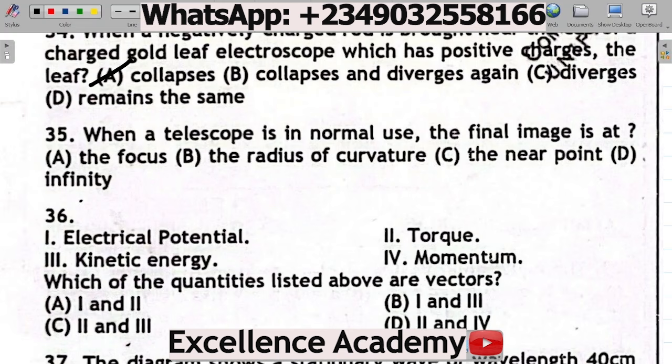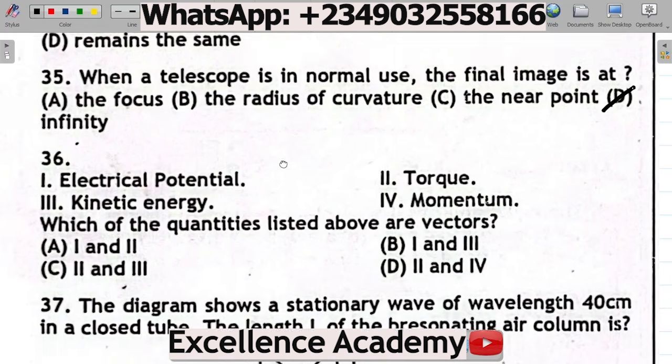All right, and this helps to reduce the strain on the eye. So for this question, the correct answer is D, infinity. So note that when a telescope is in normal use, the final image is usually at infinity, and this helps to reduce the strain on the eye.